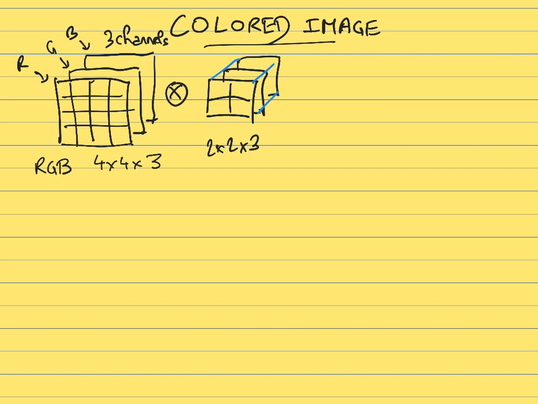And what you will do is place your small cube like this, and start doing the convolution operation, then start moving this cube around in your image, doing exactly the same, but rather than just in 2 dimensions, now in 3 dimensions.